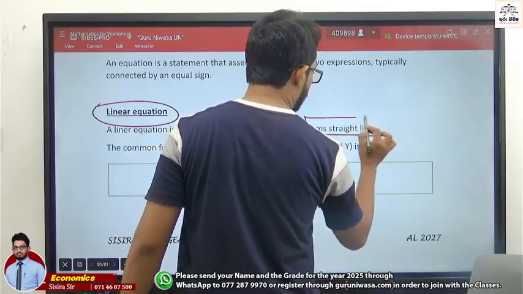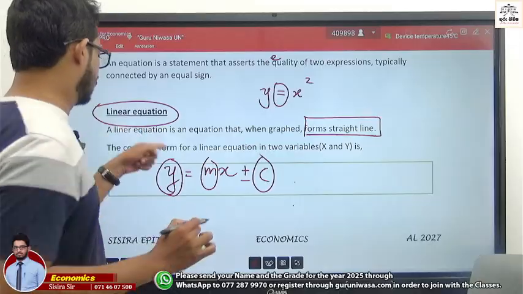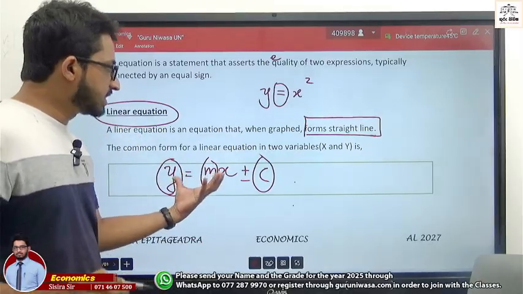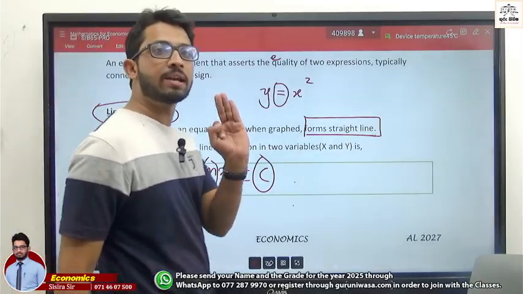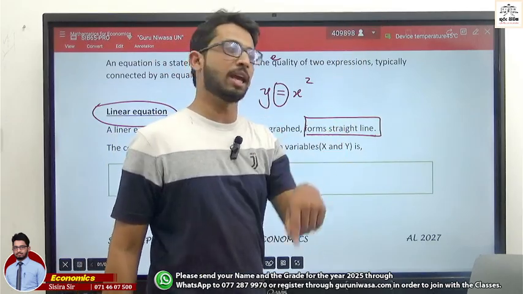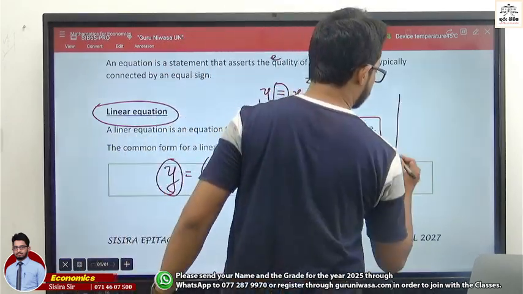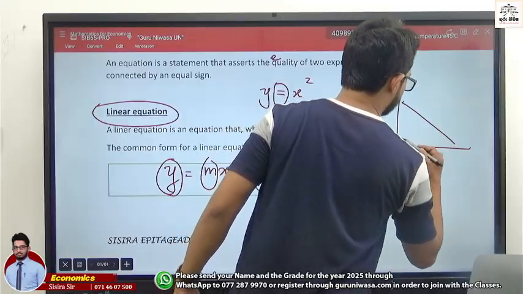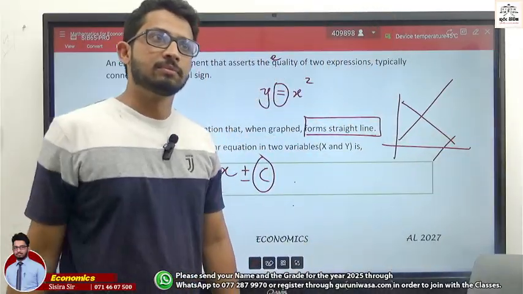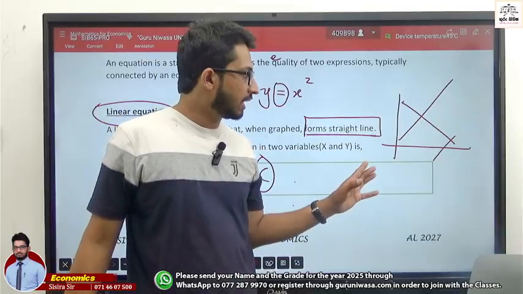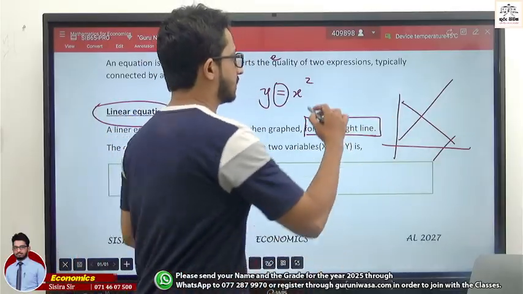Remember, if you draw a graph for this equation, it would be a straight line, no curves. Straight line like this, not curves. Curves mean like this.